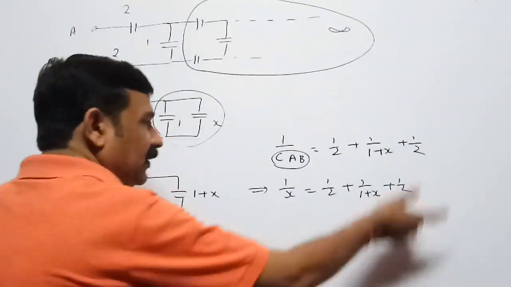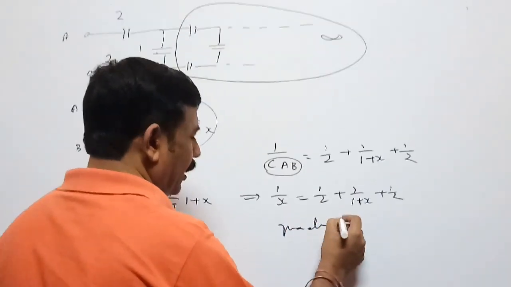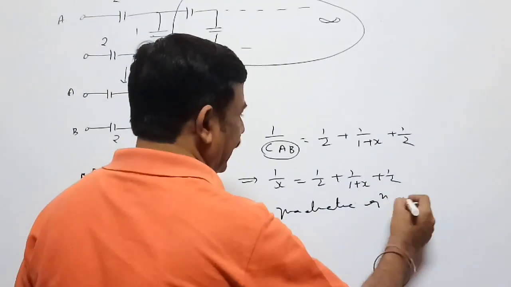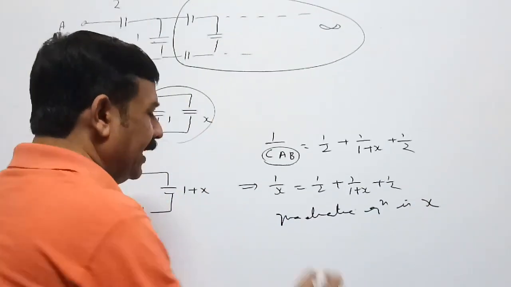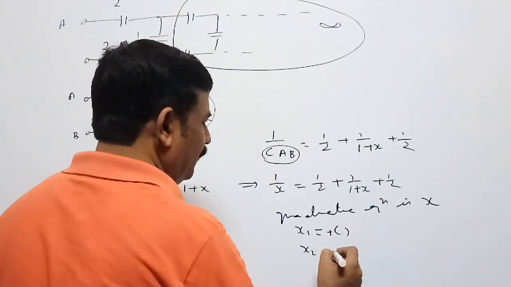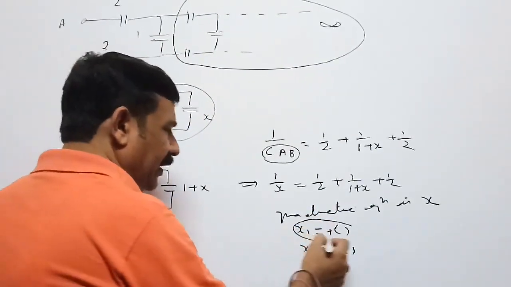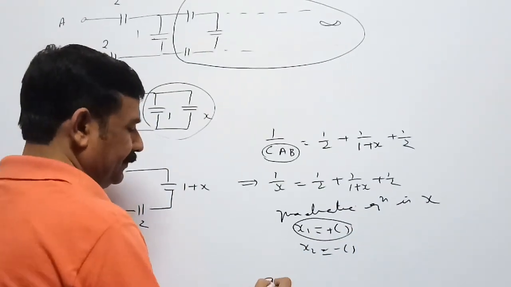Now we solve it. When we solve it, we get a quadratic equation in X. That quadratic equation will have two roots. One will be positive and one will be negative. The positive root of X will be the result.